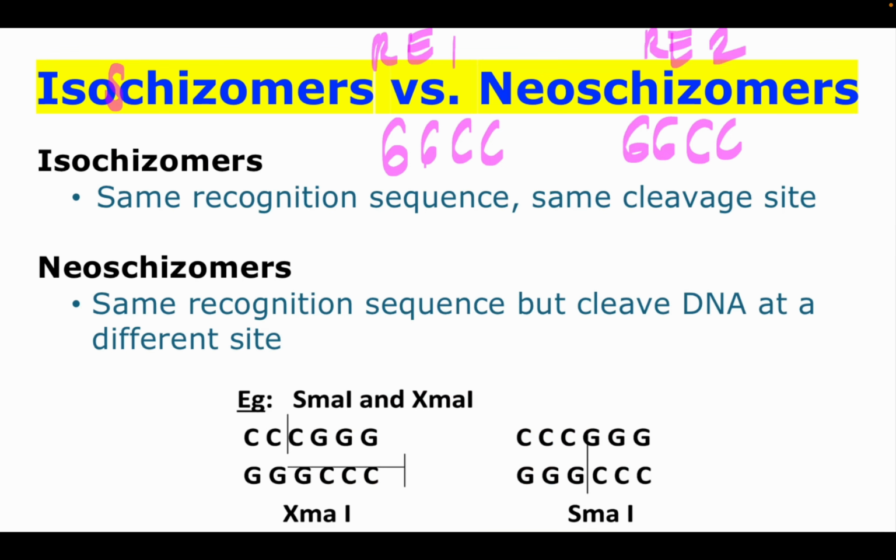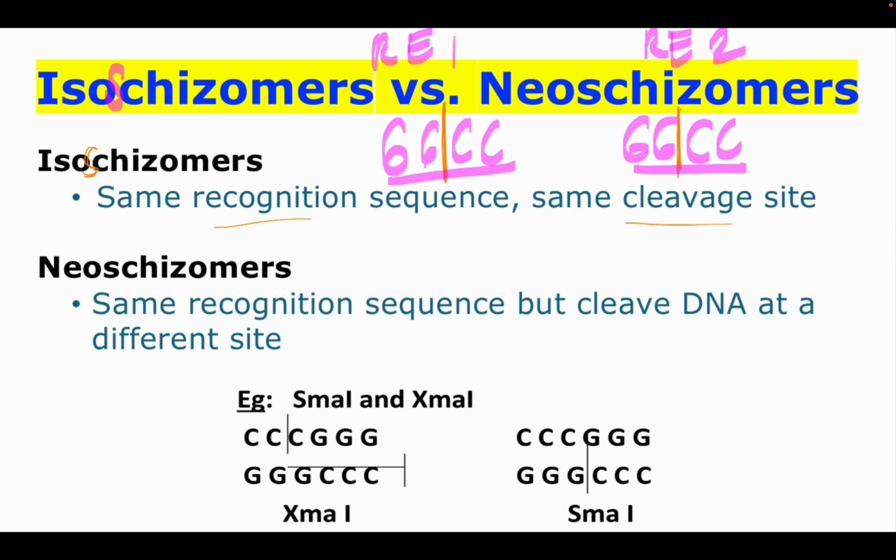They are different restriction enzymes, right? But they have the same recognition sequence, GGCC, and they also cleave the DNA in the same cleavage site, for example between G and C. So although they are different enzymes, they have the same recognition sequence and the same cleavage site.